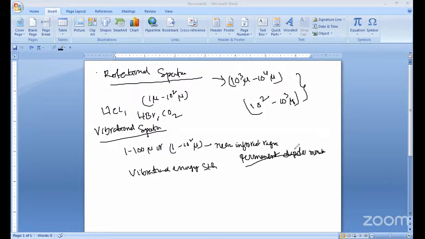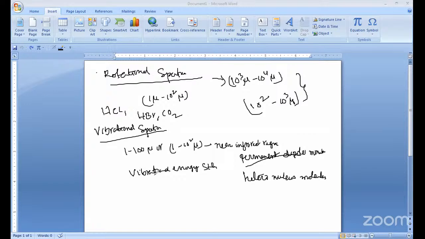And permanent dipole moment you get in the case of heteronuclear molecules only. Just as rotational spectra is applicable only for heteronuclear molecules, this vibrational spectra is also applicable only for heteronuclear molecules, because they possess a permanent dipole moment.